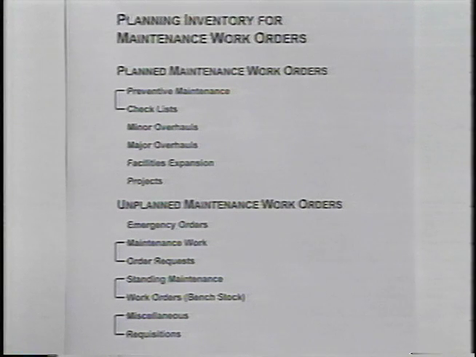As page 7 indicates, we are going to review the differences between planned maintenance work orders and those that are unplanned. Now, the planned maintenance work orders actually are a derivative of the maintenance requirements from the maintenance management program that we looked at on pages 3 and 4 in section 1.